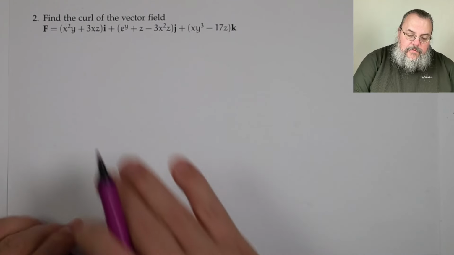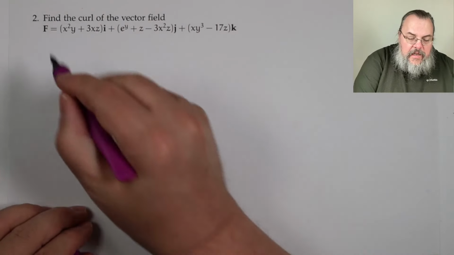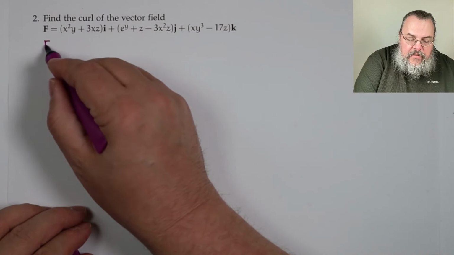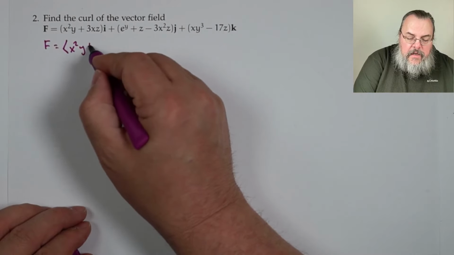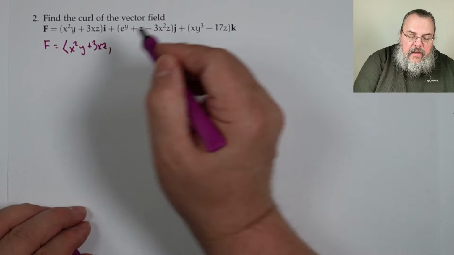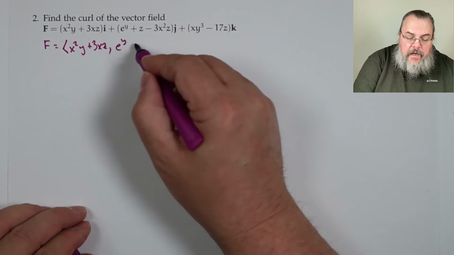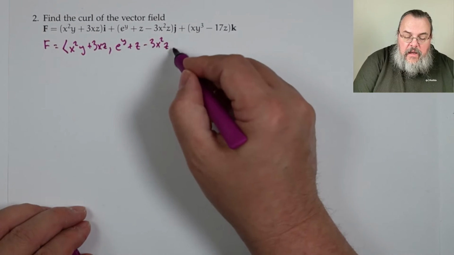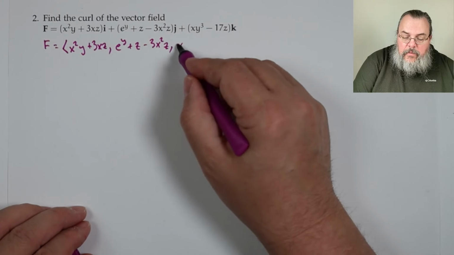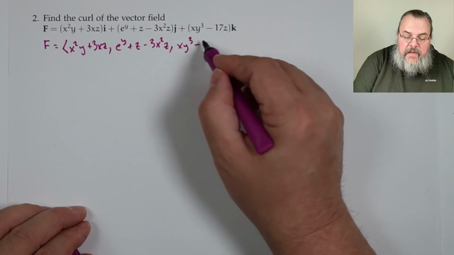Here we give it in the form of ijk. We should note this is the same as F equals x squared y plus 3xz, comma, e to the y plus z minus 3x squared z, comma, xy cubed minus 17z.